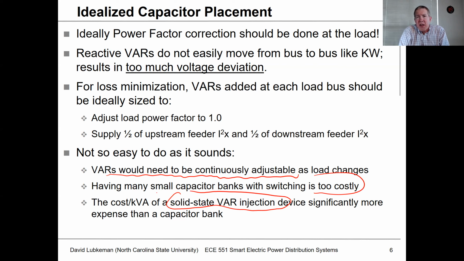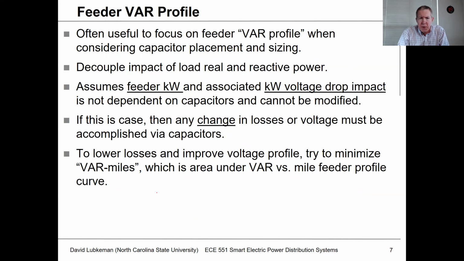But to do something like that is much, much more expensive than using the capacitor bank. And so we have to be kind of realistic here and probably go with a few locations of capacitor banks instead of trying to adjust VARs at every bus in the circuit.